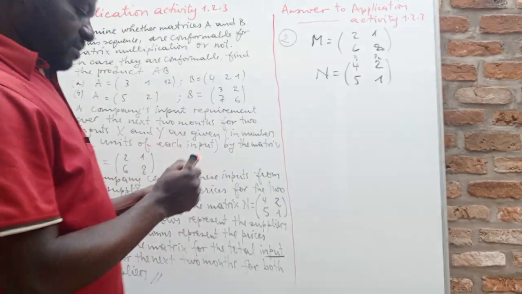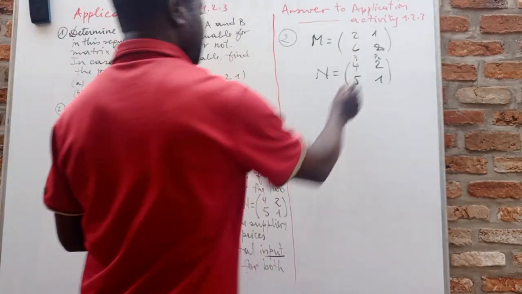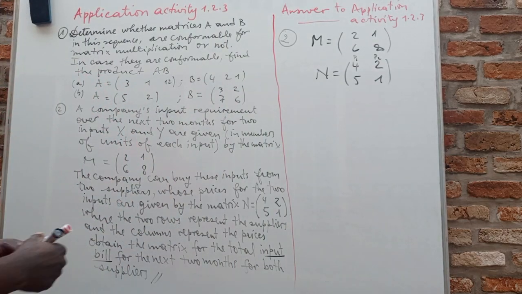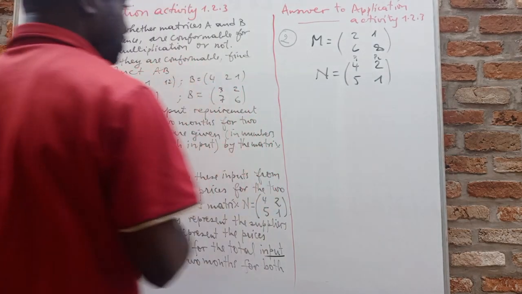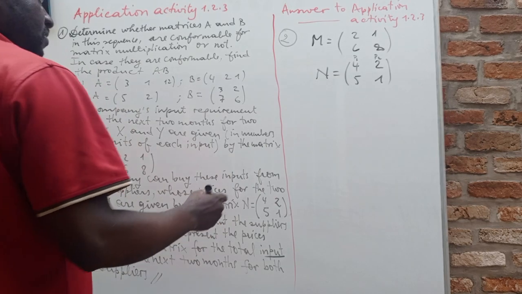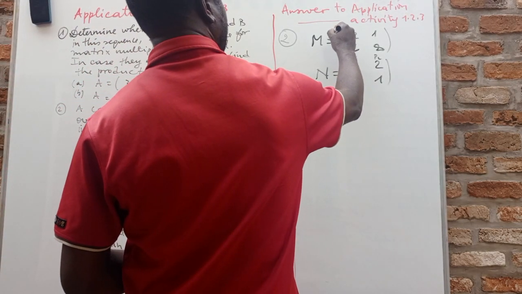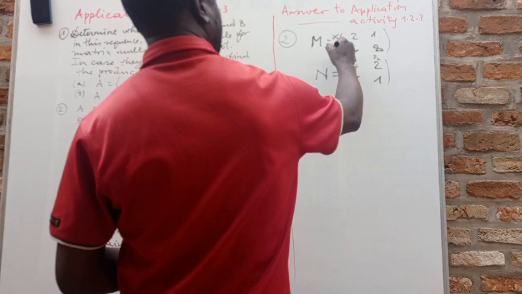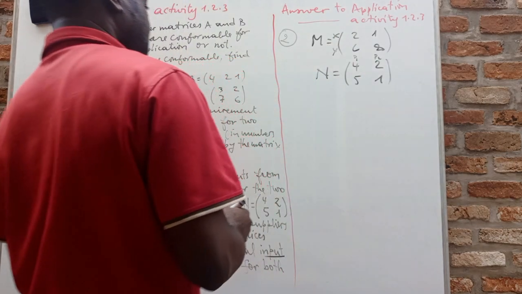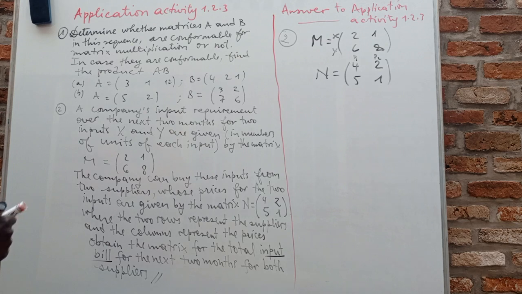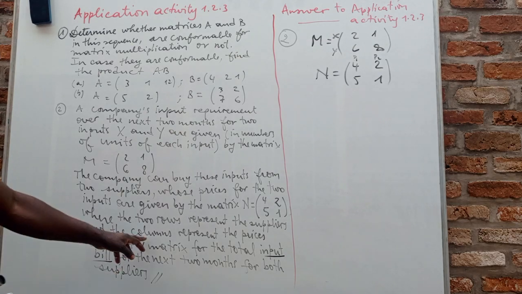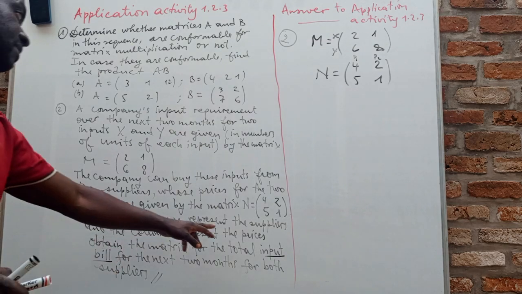So it could be the price for the inputs X and Y, for example. The columns represent prices, and the rows represent suppliers.